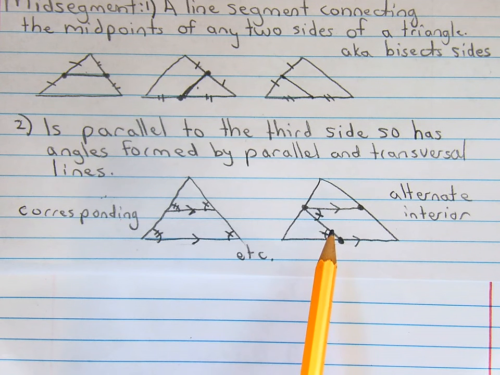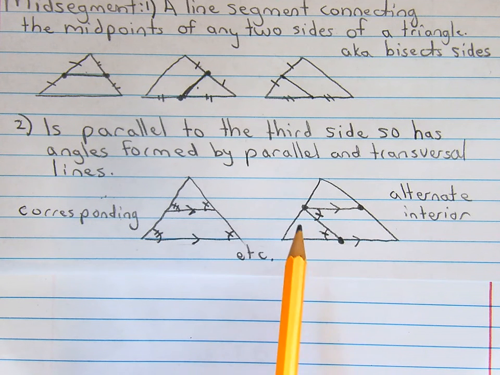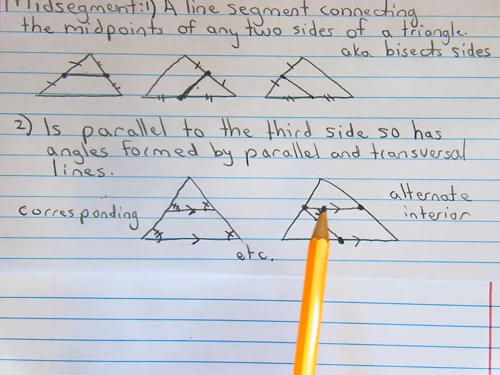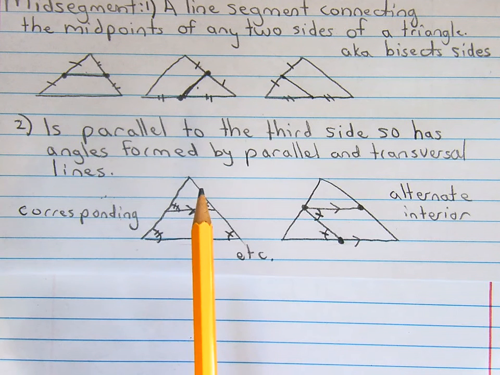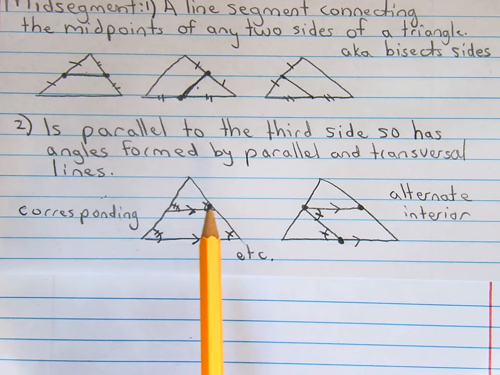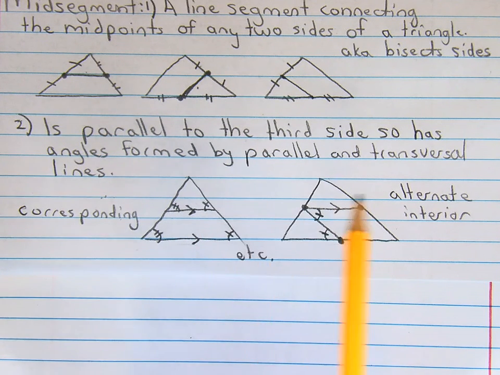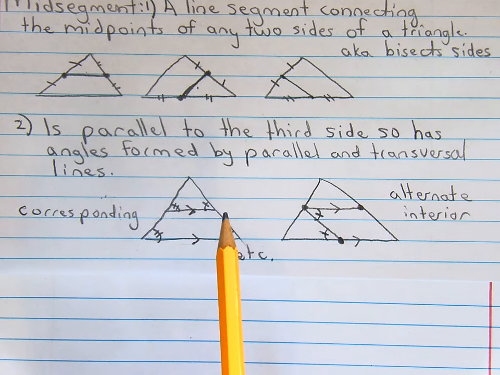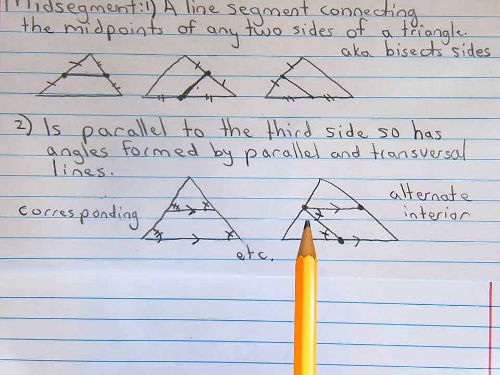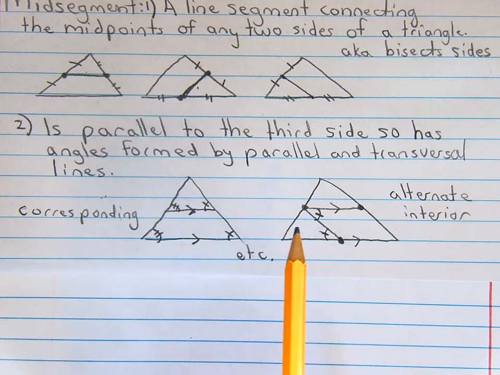Also, you could get something along the lines of linear pairs or supplementary. So those angle rules still apply, including even the triangle sum theorem. If you notice, this triangle here and this triangle here still apply. So that can help with finding angles within a triangle given the mid-segments.